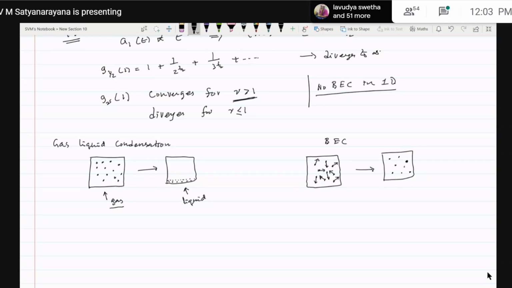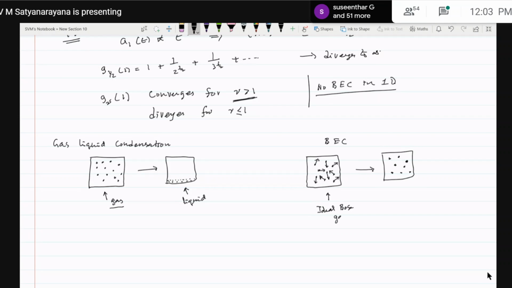So there is no real space condensation here, but in the momentum space, they all went to zero. So you still see the gas as gas only, but now this gas looks as if it is stuck. So the momentums will become zero. So you can say this is your ideal Bose gas.